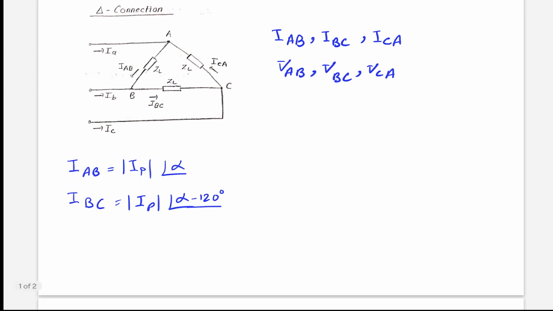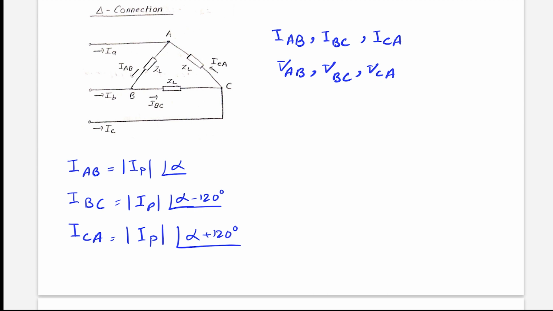Also, ICA will have the same condition and another 120 degrees, so it will be minus 240 degrees, or we can write it as plus 120 degrees, which are the same.